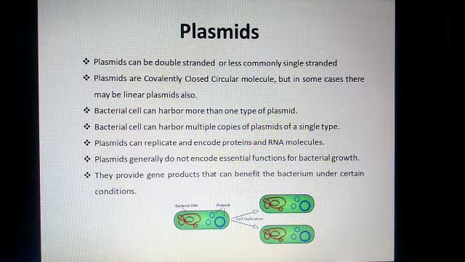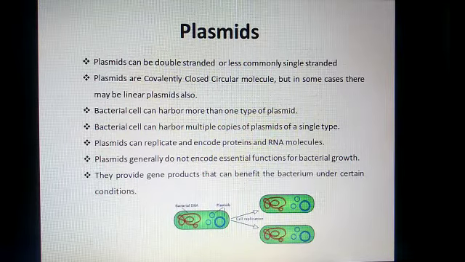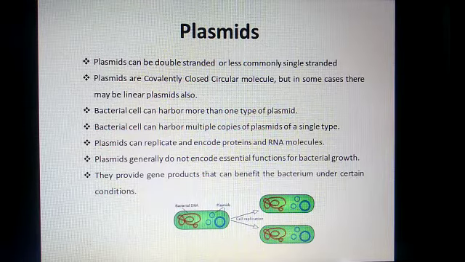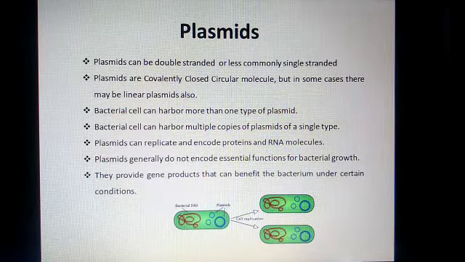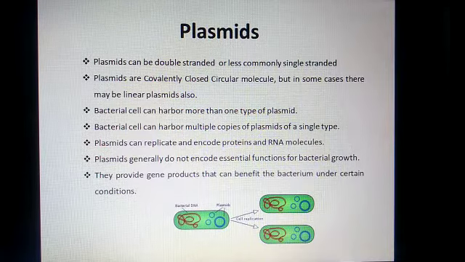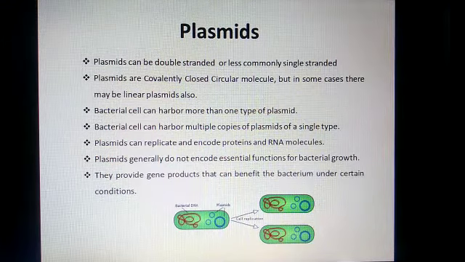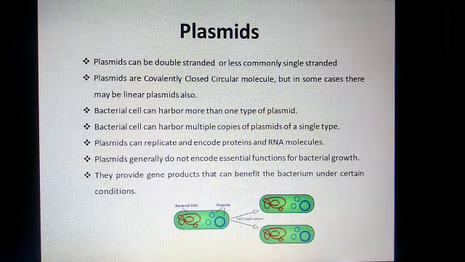The number of copies also varies among plasmids, and bacterial cells can harbor more than one type of plasmid. Therefore, a cell can harbor two or more different types of plasmids, with hundreds of copies of one plasmid type and only one or a few copies of another type.